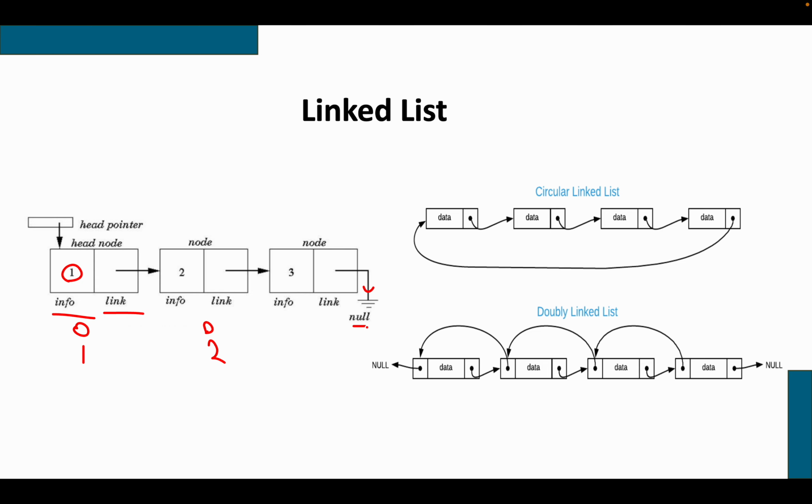We have different types of linked lists, as you can see here. One is a circular linked list and the other is a double linked list. In a circular linked list, the last pointer goes to the first node, and in a double linked list we have two kinds of pointers. One pointer points to the next node and one pointer points to the previous node.